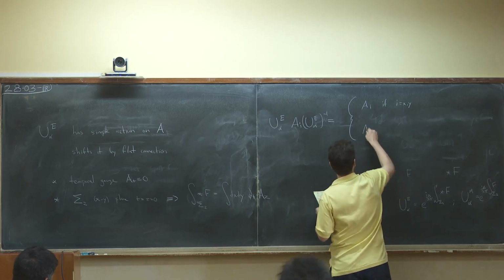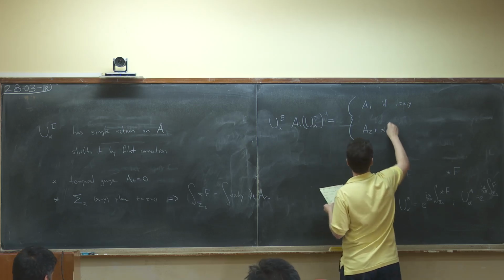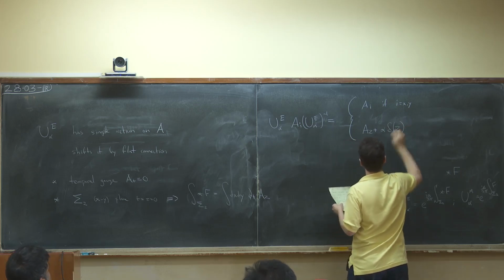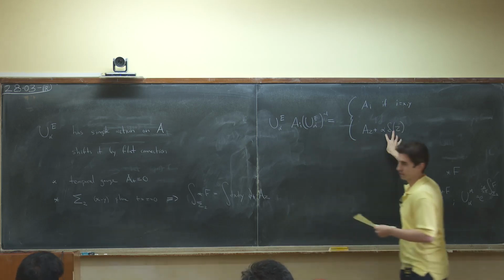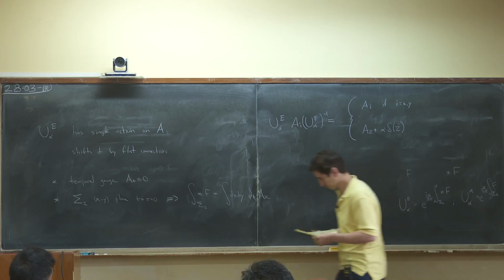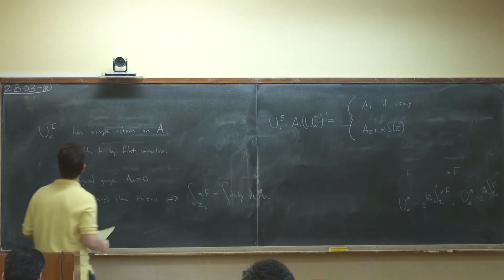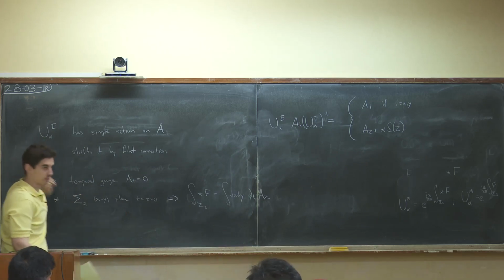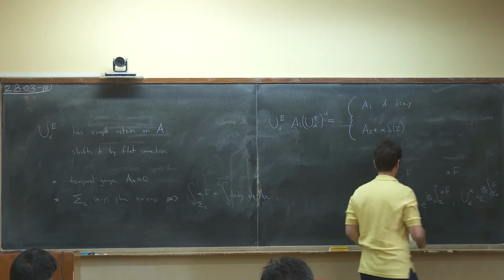Namely, we get A_Z plus alpha delta of Z. So this is the shift by the flat connection that we were talking about.